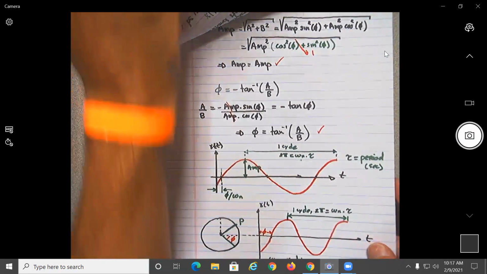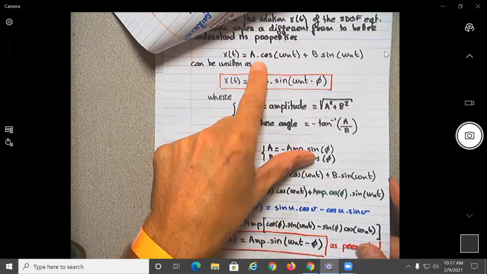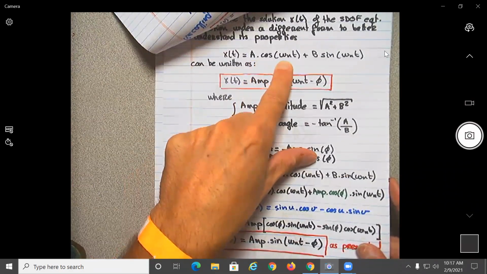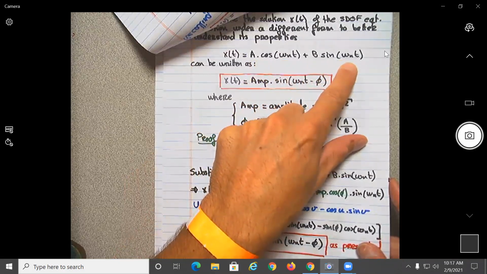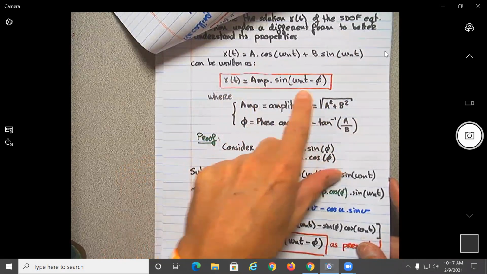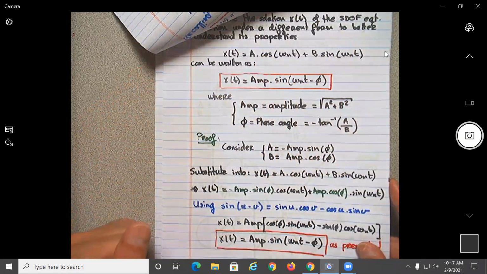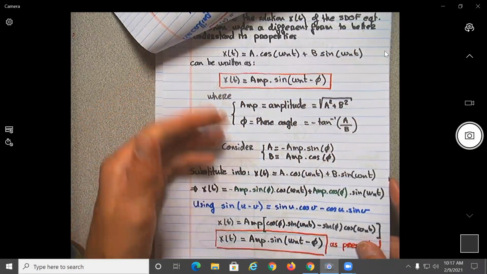Yeah, here it is. Remember, we said that this type of equation, a cosine omega nt plus b sine omega nt, on page 26, can be rewritten under this form. I did the proof, so I'm not going to redo the proof.